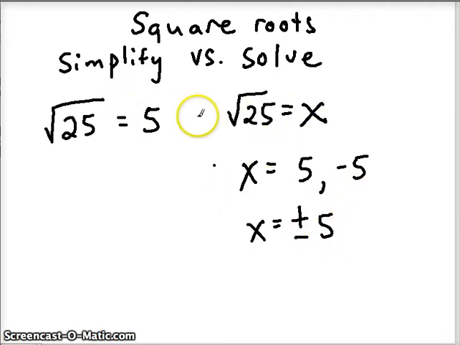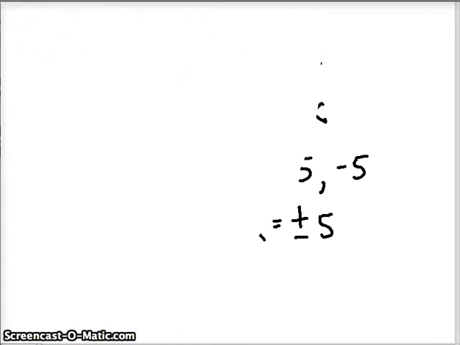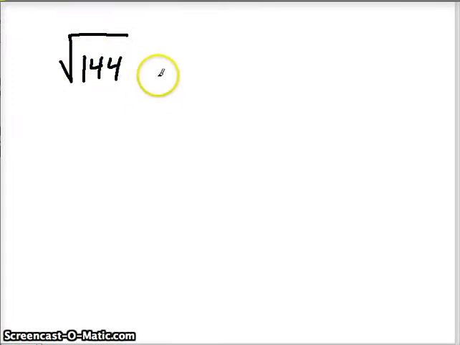Alright, so let's practice simplifying some square roots here. So that was an example of a rational square root. We just get a whole number. Let's do a couple more easy ones here. It's always nice if you just know squares right off the bat. If you know that 12 squared is 144, then the square root of 144 is 12.